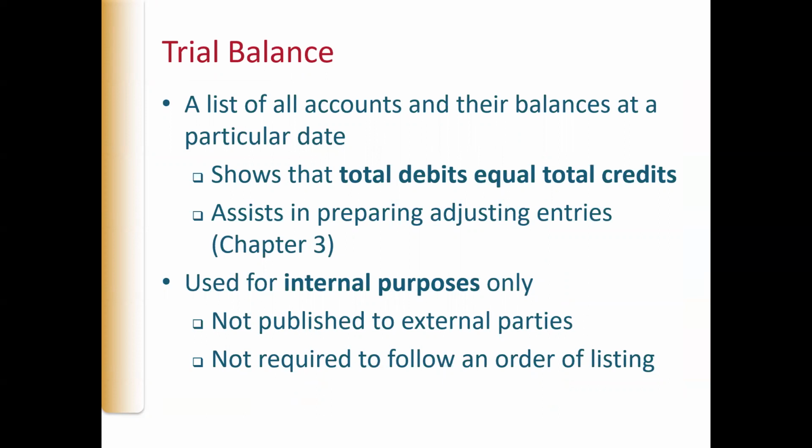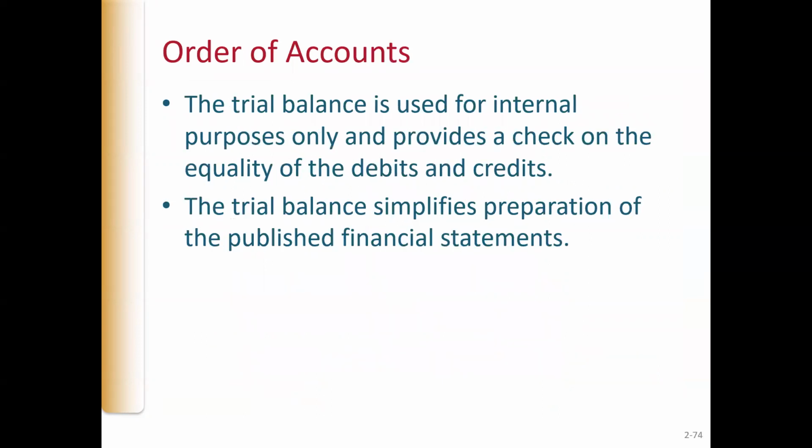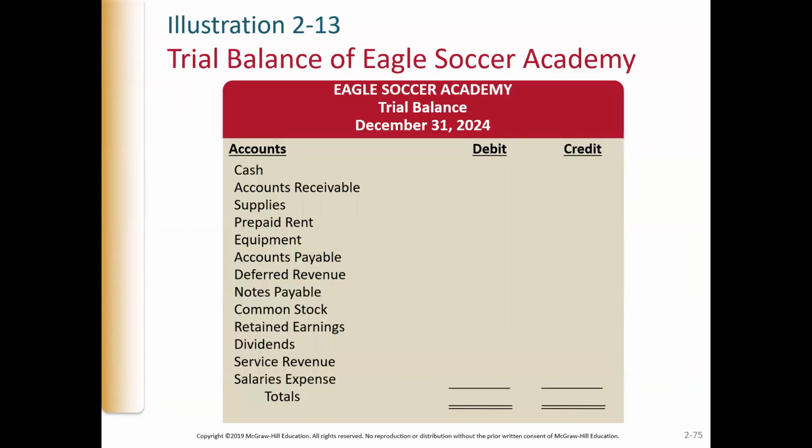The total debits will equal the total credits. The trial balance is only used for internal purposes, and it's just a way in which we make sure our debits equal our credits.